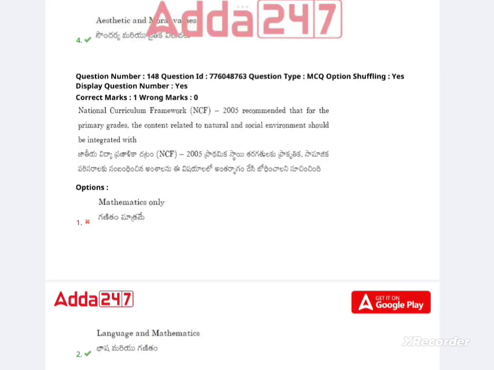Next question. National Curriculum Framework NCF 2005 recommended that for the primary grades, the contents related to natural and social environment should be integrated with language and mathematics.